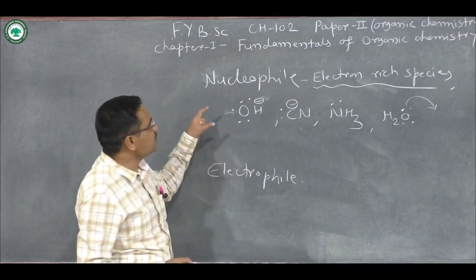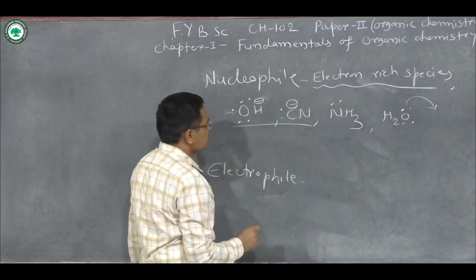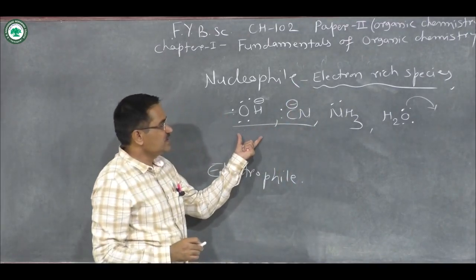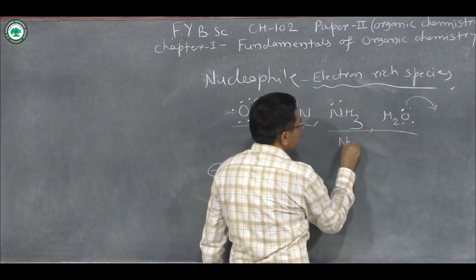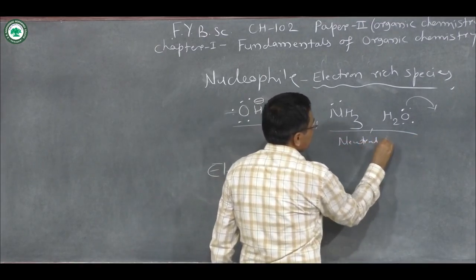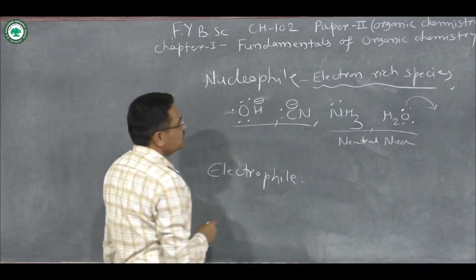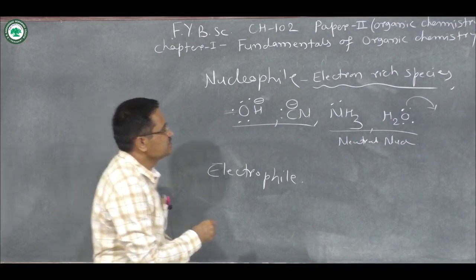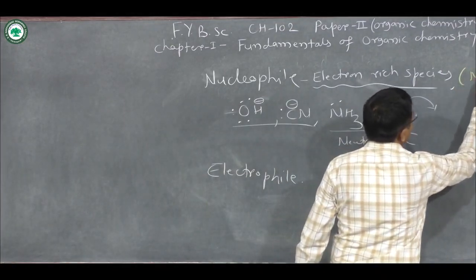Now when we see the types of nucleophile, there are two types. One is charged nucleophile and some are neutral nucleophile, and this nucleophile is symbolized by Nu.